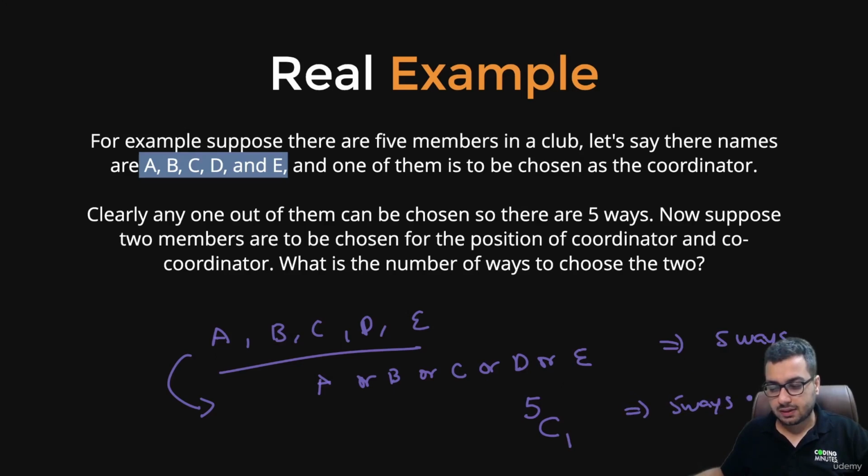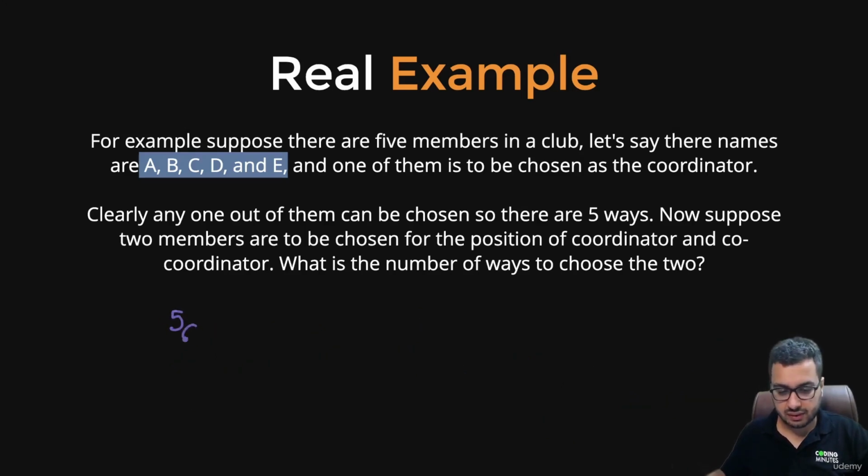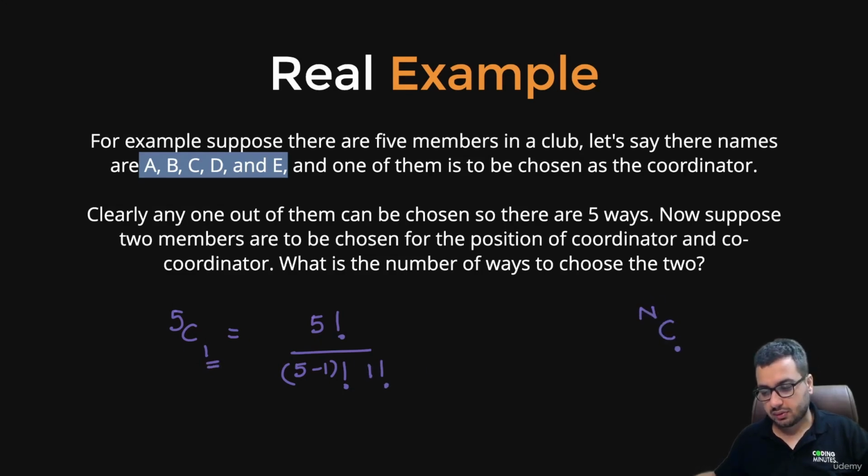So what is 5C1? 5C1 is 5 factorial divided by (5 minus 1) factorial, that is 4 factorial, times 1 factorial. This is the general formula of nCr: n factorial divided by (n minus r) factorial and r factorial.